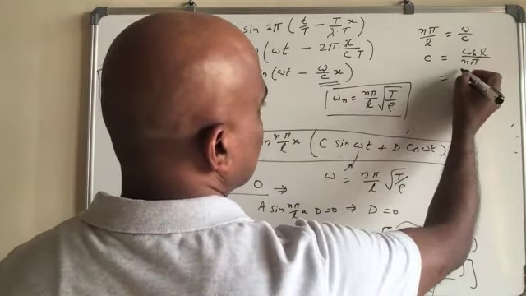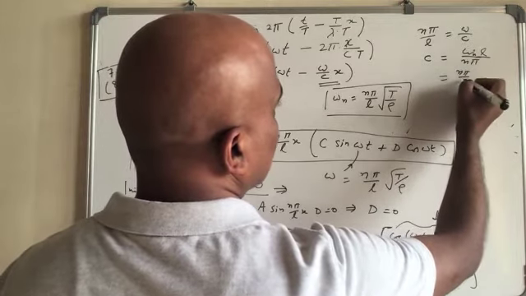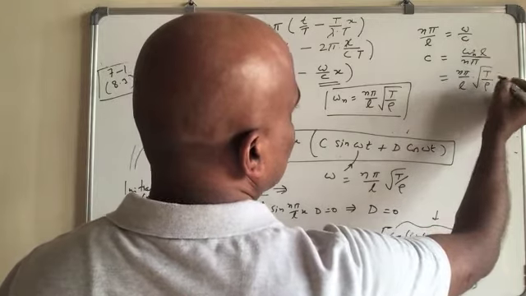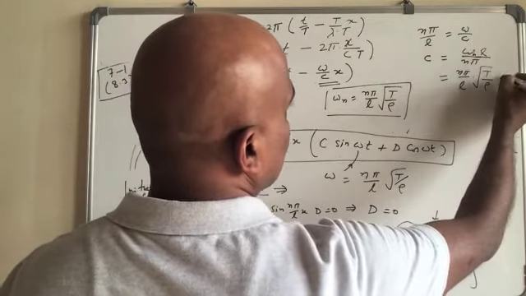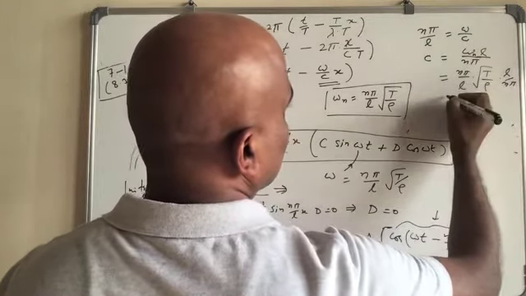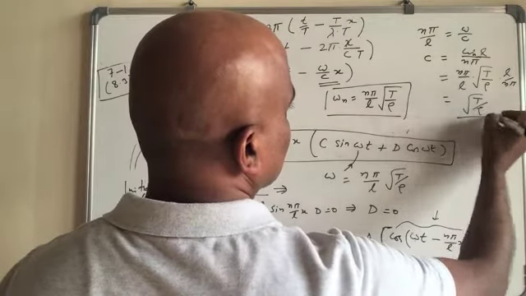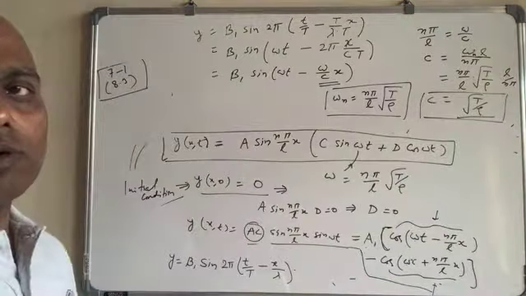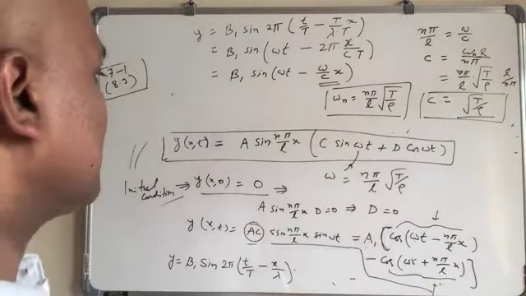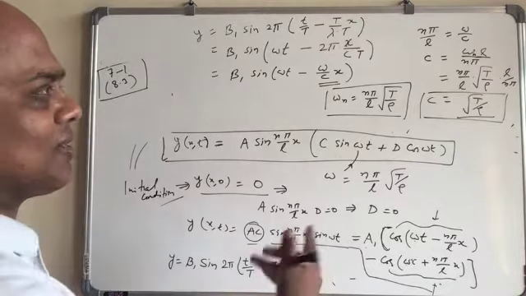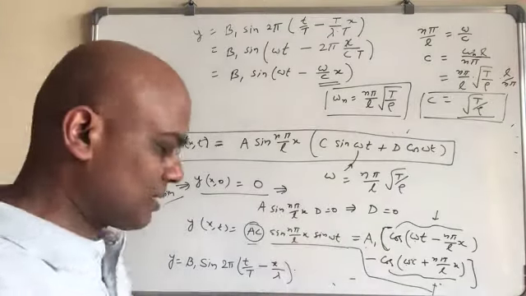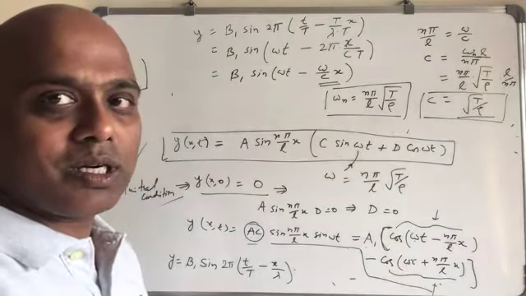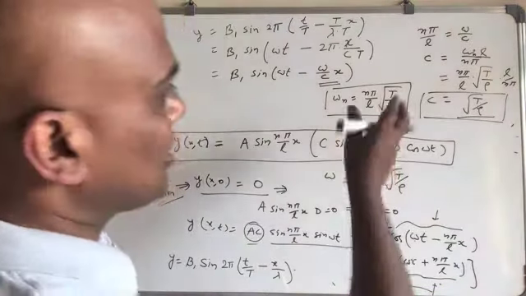So we write the same thing here, so you get n pi over L root t over rho is omega n multiplied by L over n pi equal to root t over rho, simply. So that's what you get, c equal to root t over rho. So it's a long way of getting the same thing, but you can also do dimensional analysis. So anyway, these things you have learned earlier, probably during your JE days. But just to repeat.